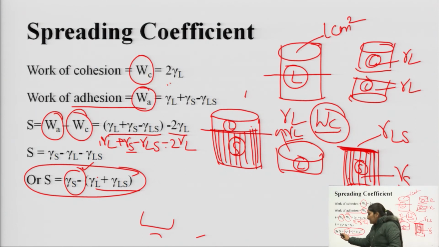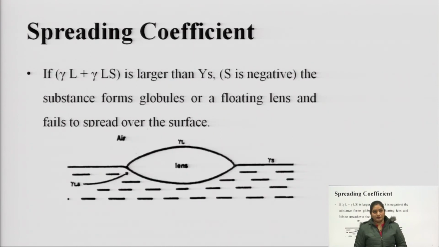And if this value is smaller, then S will be negative and spreading does not occur.